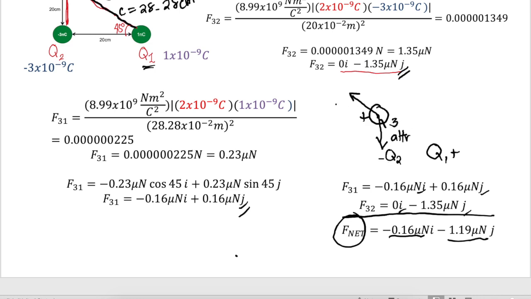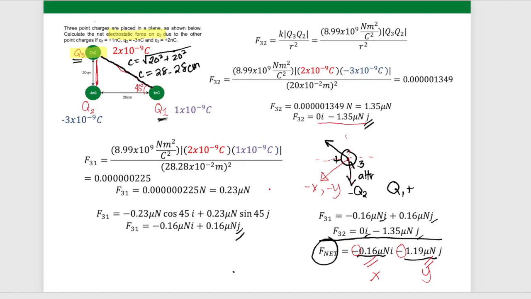So the net force that you expect will move somewhere here, in the XY plane, a negative X and a negative Y. As you observe in our problem, both of them are negative Y and negative X. So that is our final answer. This is a little bit complicated, but I hope this lesson helps.